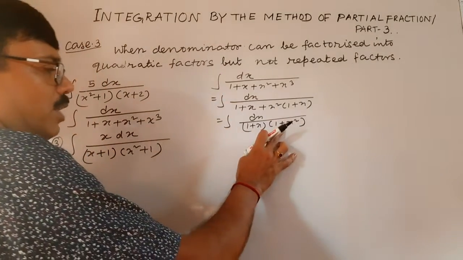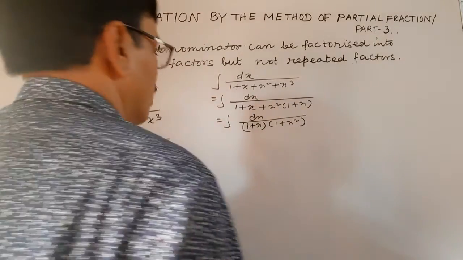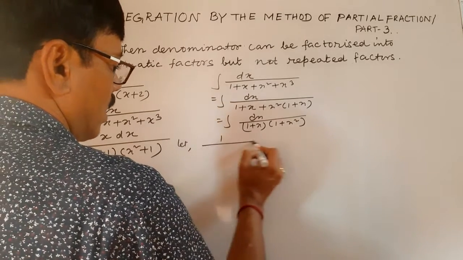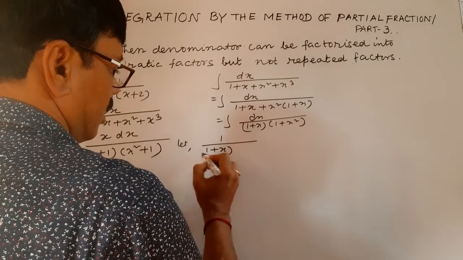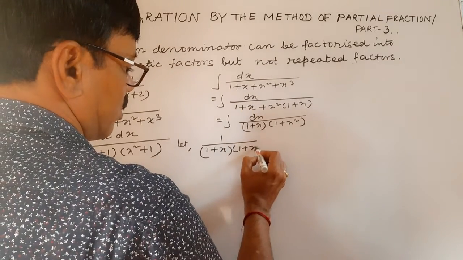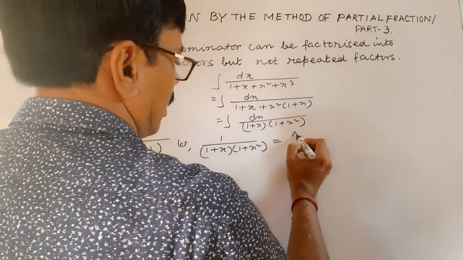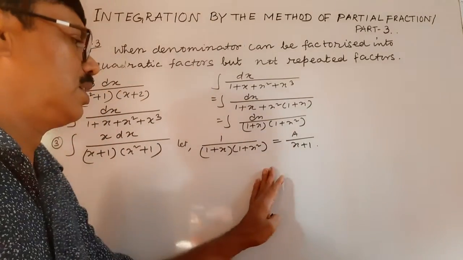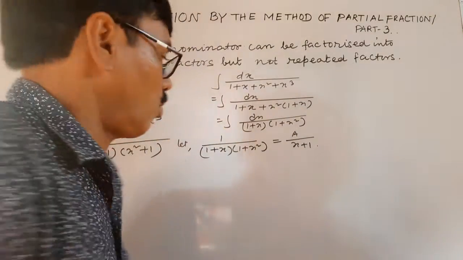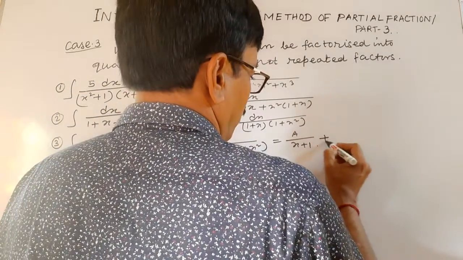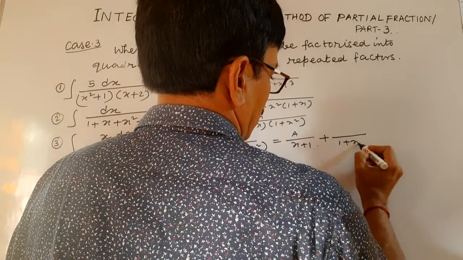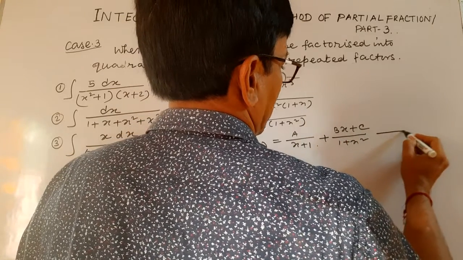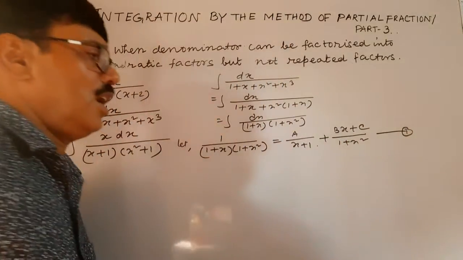This is a quadratic factor, not repeated. What is the rule? Let 1 by (1 plus x) into (1 plus x square). For the linear factor, we know the rule, it is not repeated, so A by x plus 1. For the quadratic factor, 1 plus x square, you have to express it in terms of Bx plus C, for any quadratic.